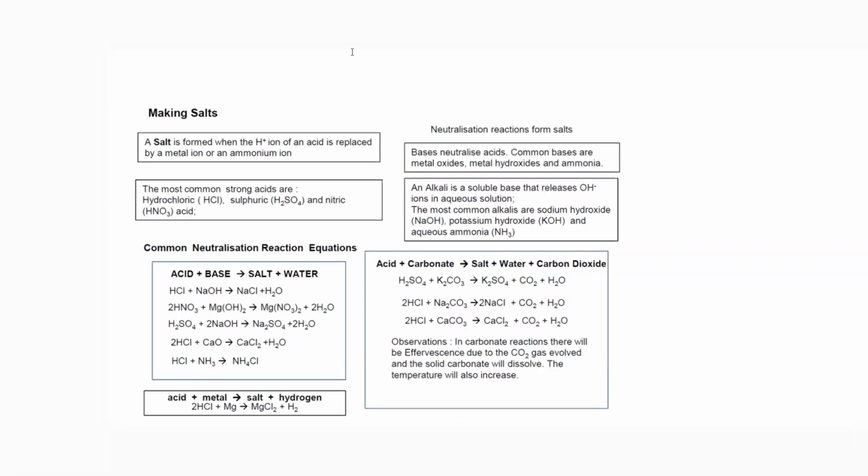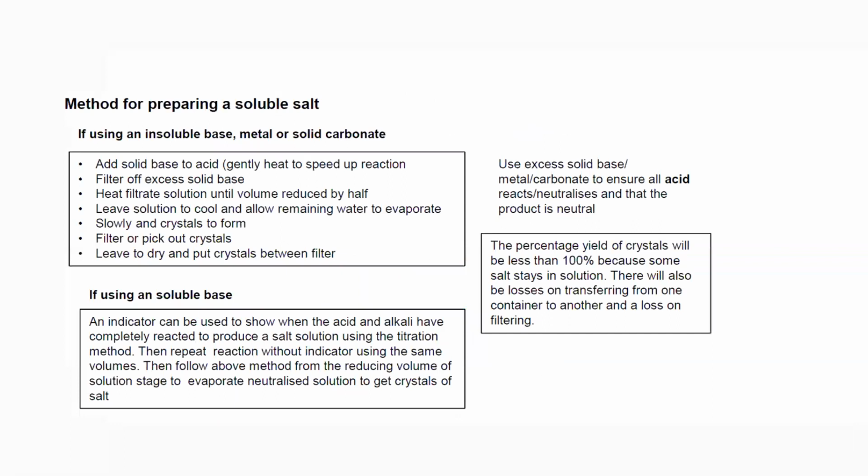And now the methods of preparing these salts. Method of preparing a soluble salt, experimental technique. For example, if we use an insoluble base such as a metal oxide or metal hydroxide, which does not dissolve, or a solid metal carbonate. First we add a solid base to acid and gently heat.